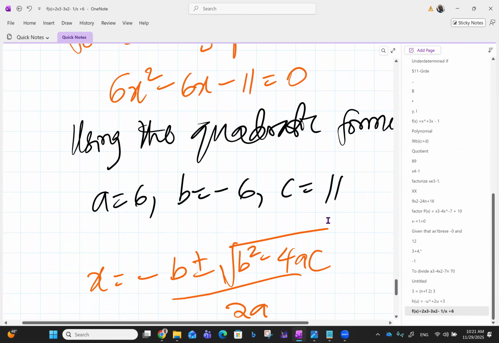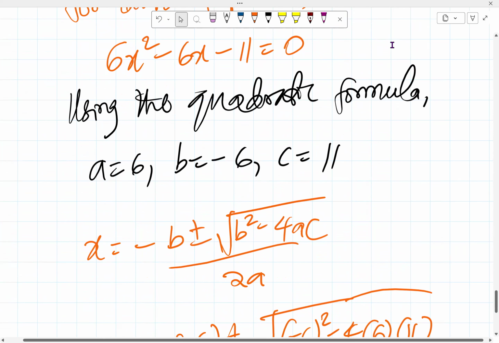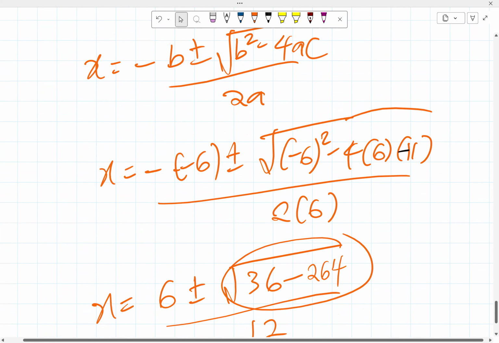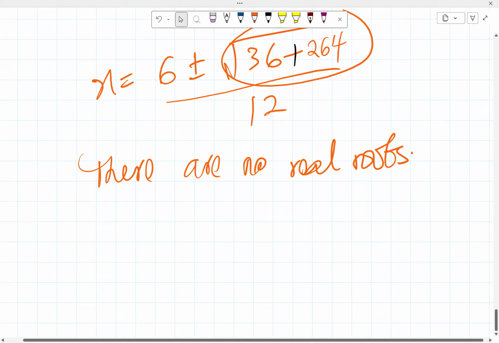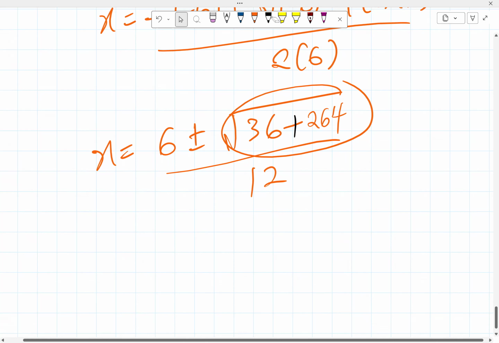C is minus 11. Yeah, C is minus 11. My bad. C is minus 11 right here. Sorry. So this is minus 11. So they are real roots for sure. So this is simply plus this. So, okay. Yeah, they are real roots. Sorry. So you see, that's why we need to be able to check these things.